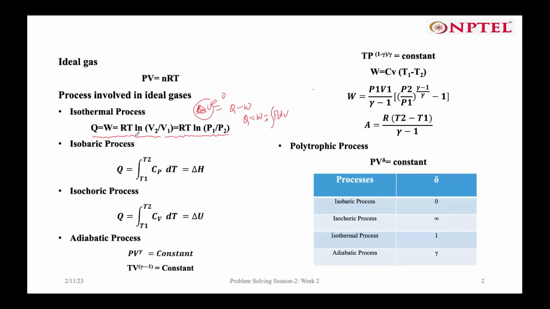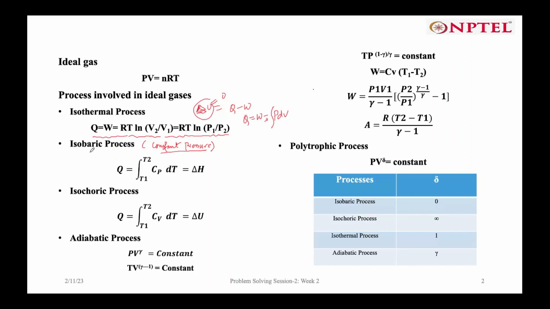Now the next process, the isobaric process, means constant pressure. In a similar way, the relation comes from the first law of thermodynamics.